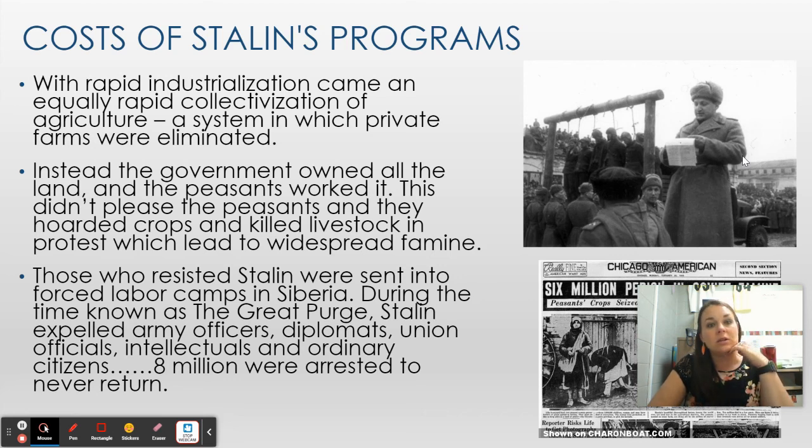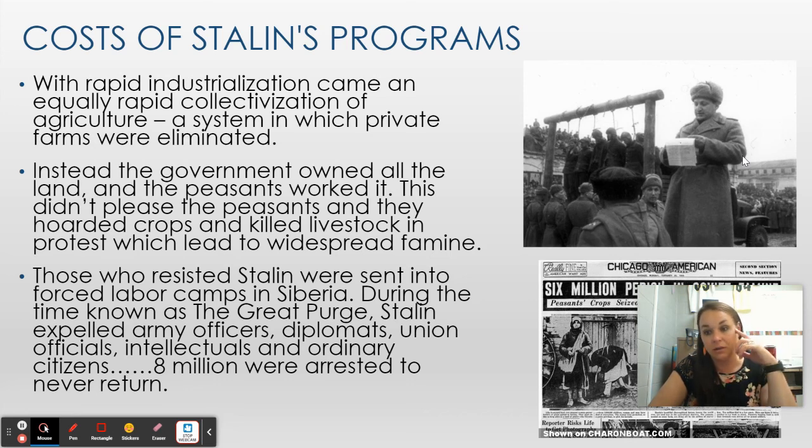So Stalin is truly one of the worst villains of world history, and did just horrific things once he gained power in the Soviet Union. Now, again, he doesn't gain it necessarily because people are looking to him to solve their problems. He gains it through killing people and fear.